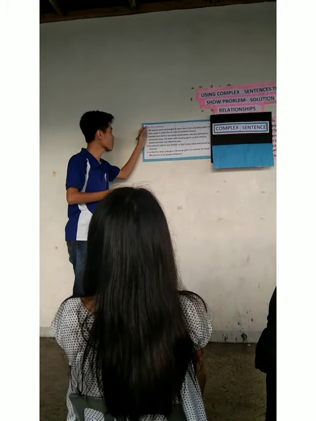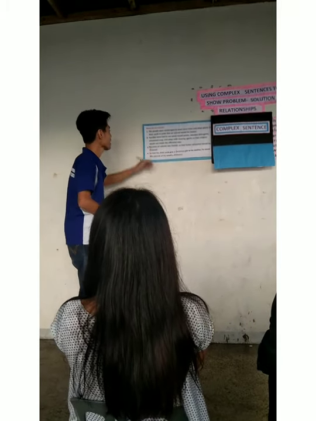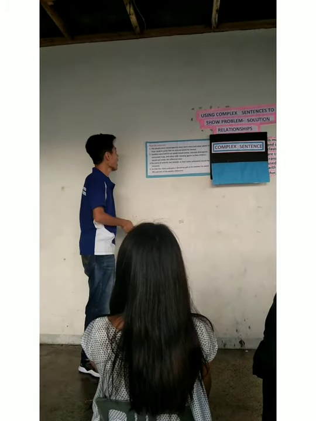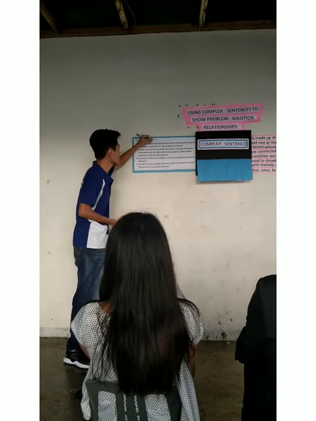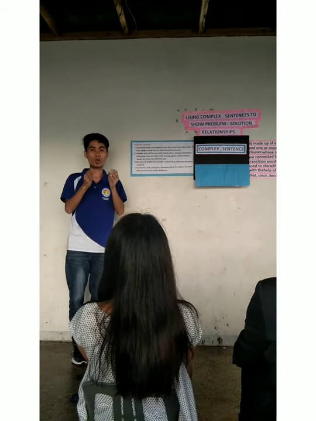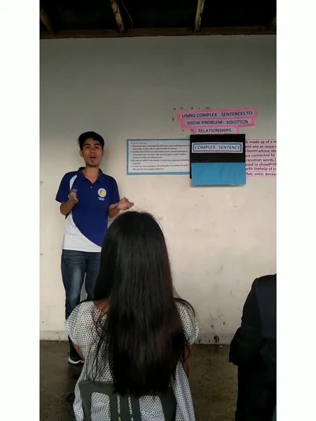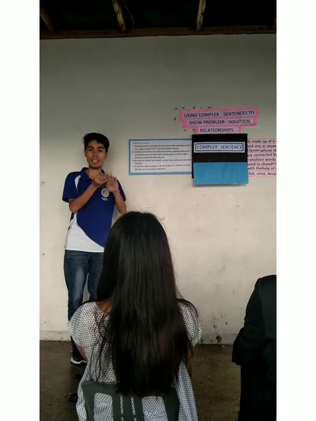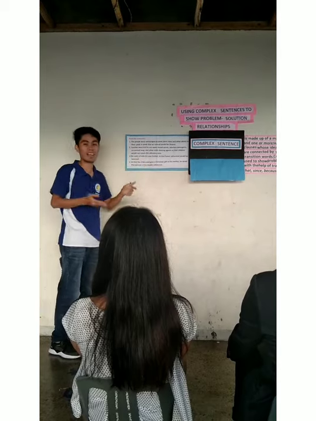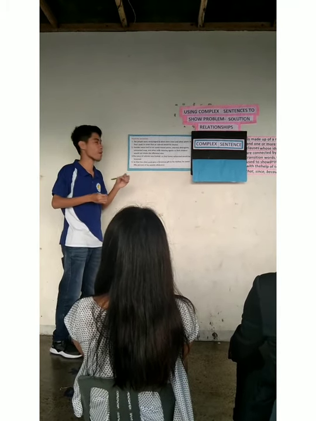What makes this an independent clause is that it has a subject, here it is people, and a verb which is were. An independent clause is a group of words that is made up of a subject and a predicate. Here, it has a subject and a predicate, thus it is an independent clause.